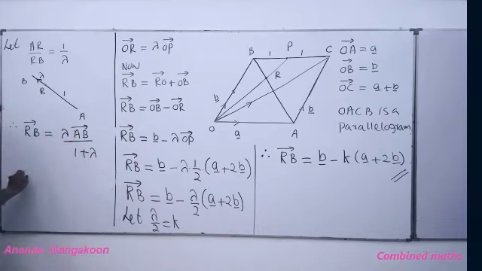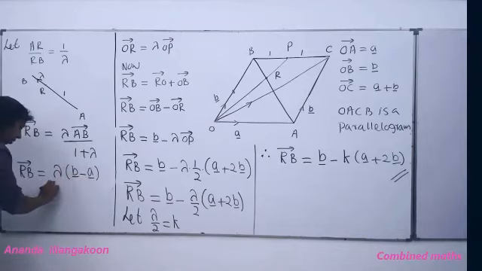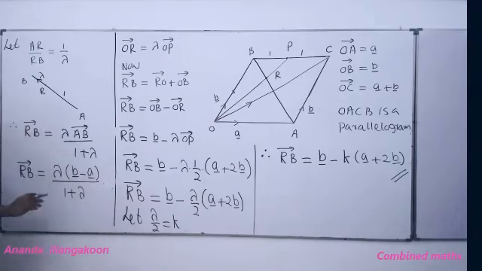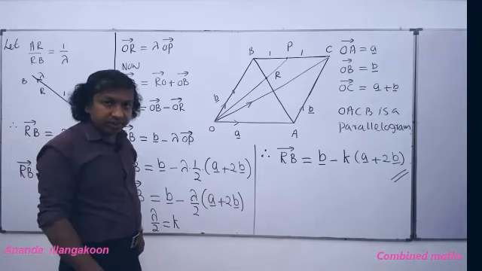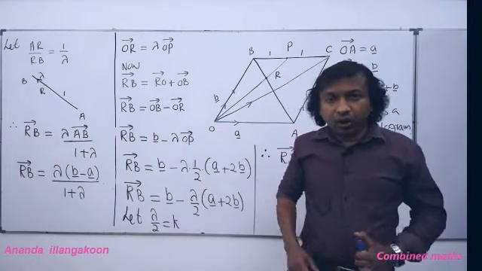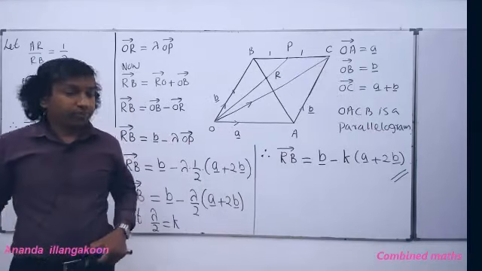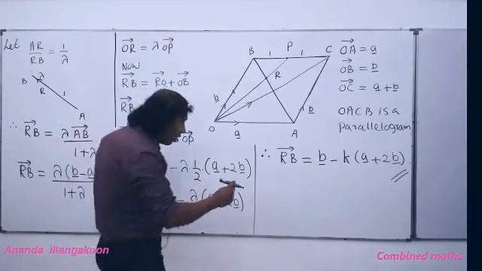So therefore, we can write RB vector is equal to lambda times B minus A vector divided by 1 plus lambda. I think up to there it is clear. Now people, first part now you can do what? Here we have RB vector.